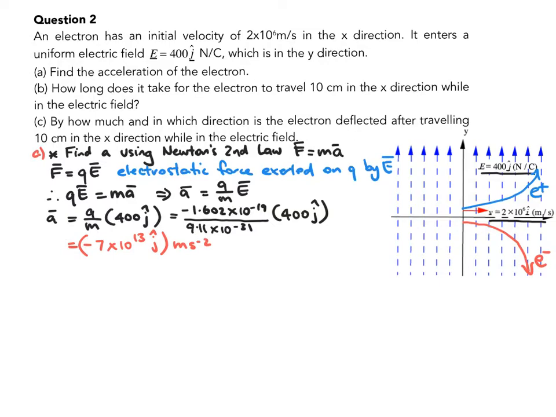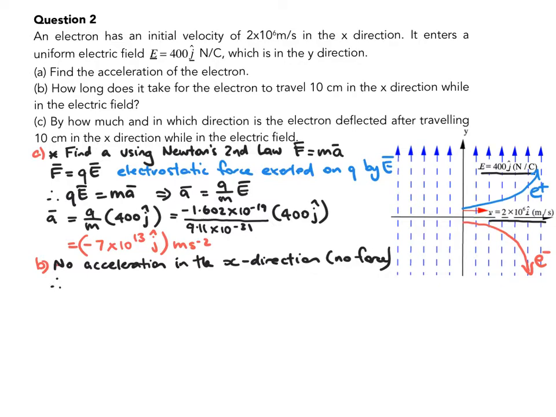So the next part of the question is asking for how long it will take for the electron to travel 10 centimeters in the x direction while in that field. So what's the acceleration in the x direction? No acceleration in the x direction. The field is only acting perpendicular to the motion, so it's only acting in the y direction. So there's no force in that direction.